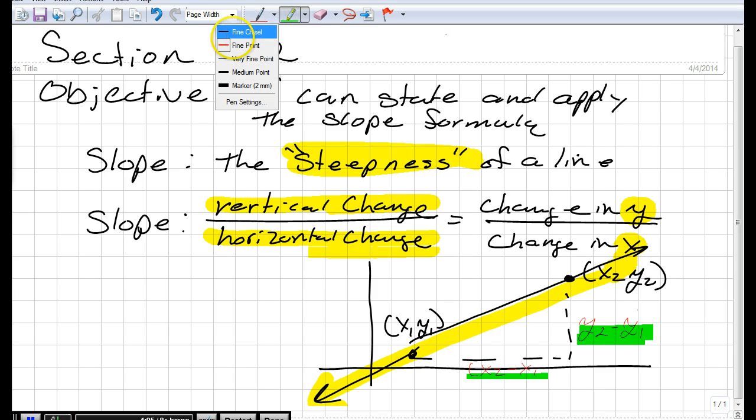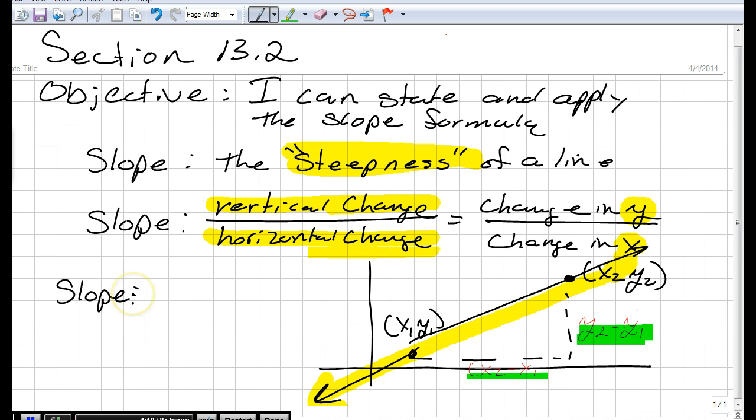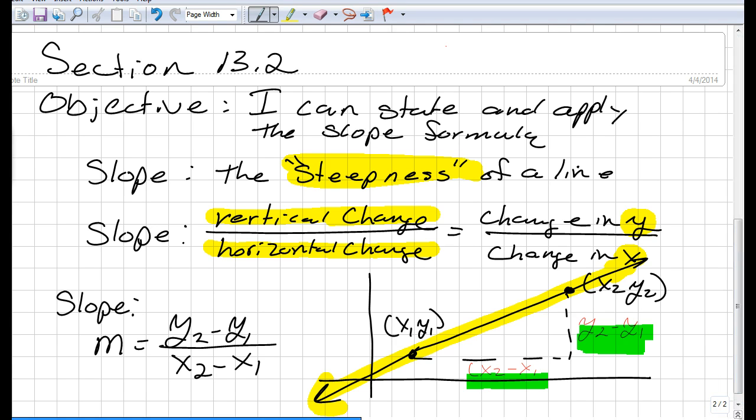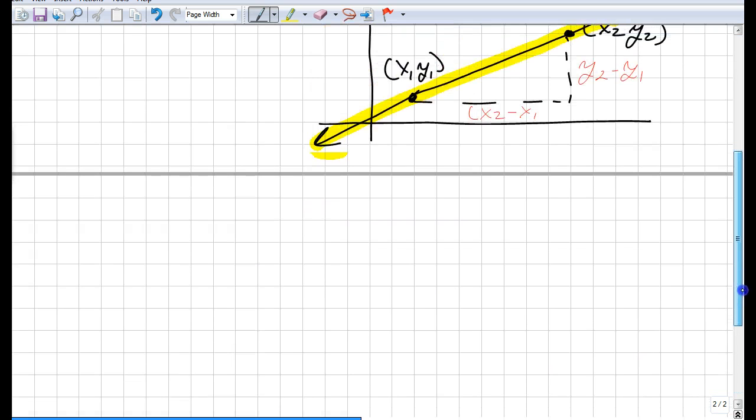And so the actual formula for slope is, we use m to represent slope, and it's y2 minus y1 over x2 minus x1. So the slope is represented by that ratio. And so if I know any 2 points on the line, I can find the slope.